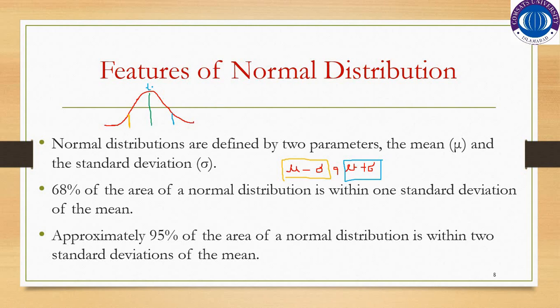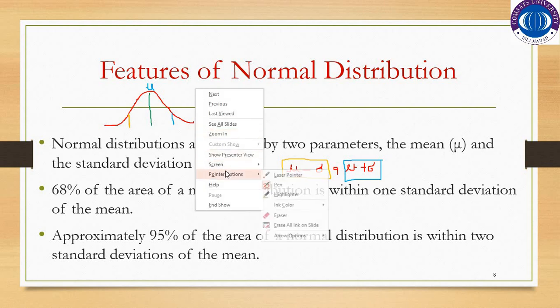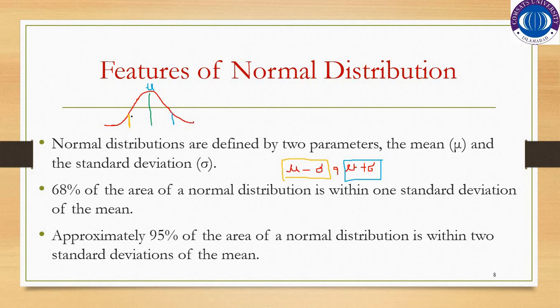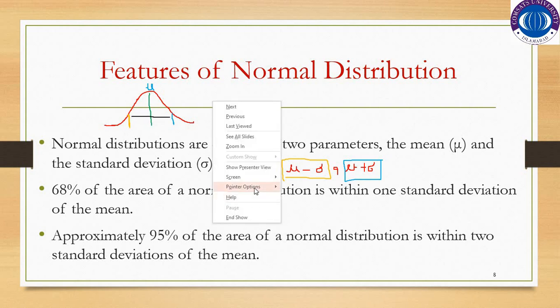Here we have the mu, which is the mean. Total area, this total area, we should use the eraser here.